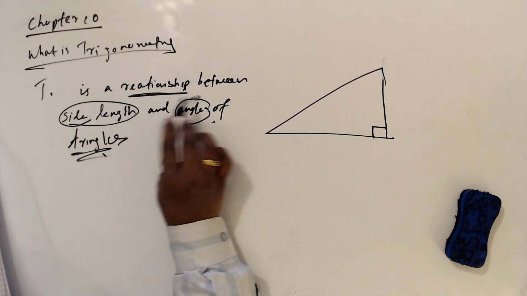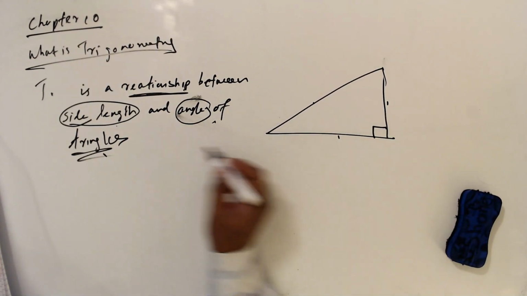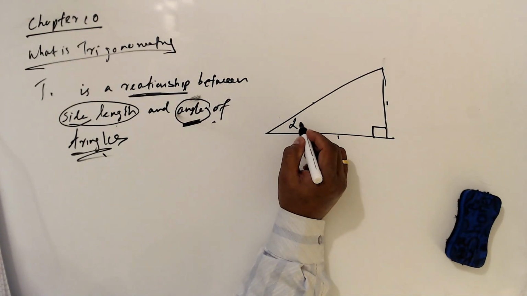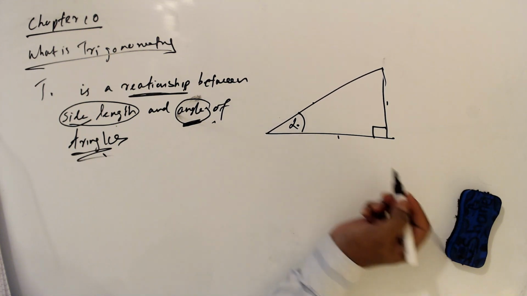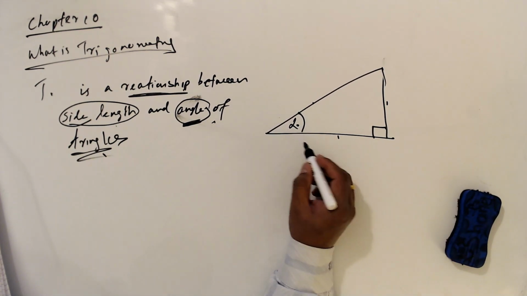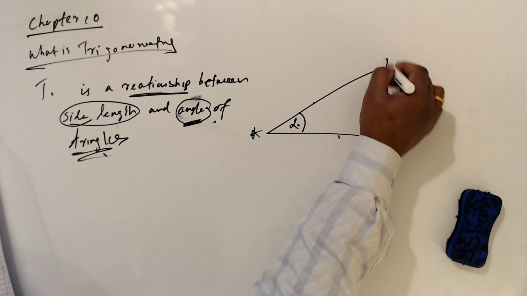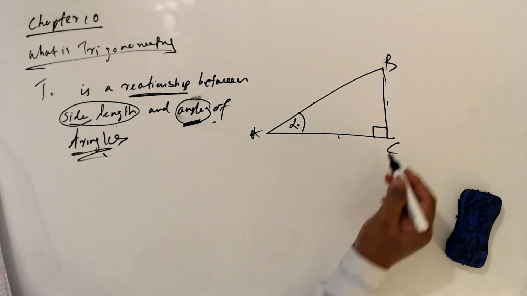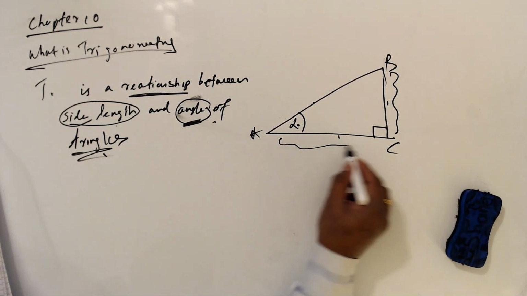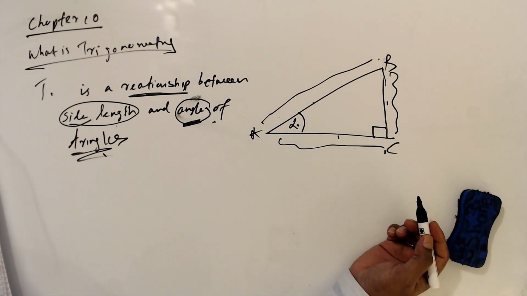It's a relationship between side length and angle. So assume that if you come and stand up here, I will take this alpha, then this is the angle we measure with degrees. And if I write ABC, BC is a length, AC is a length, AB is a length.